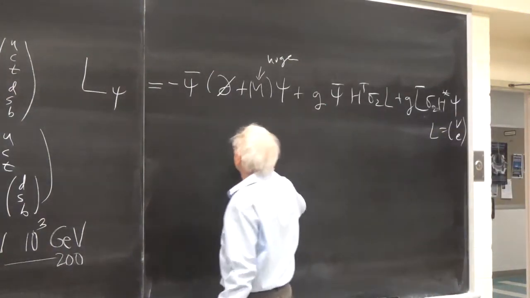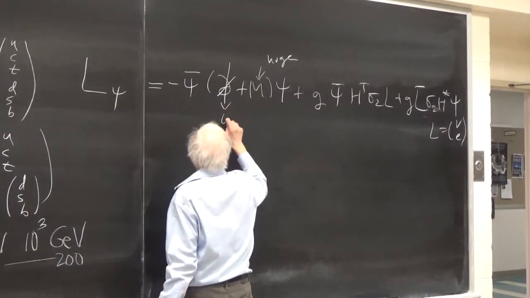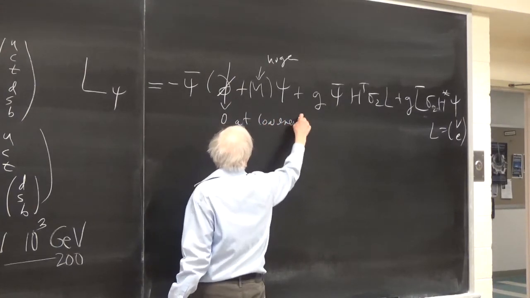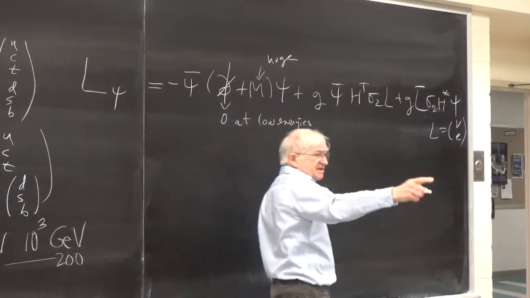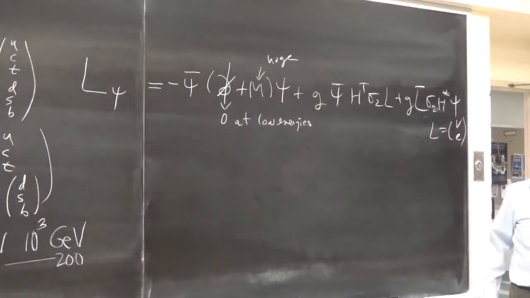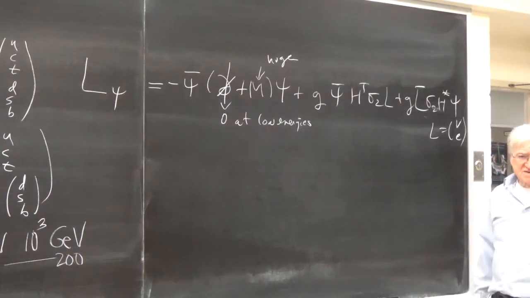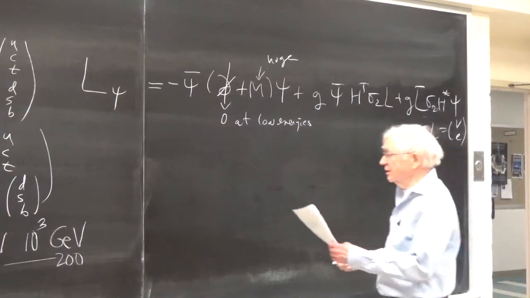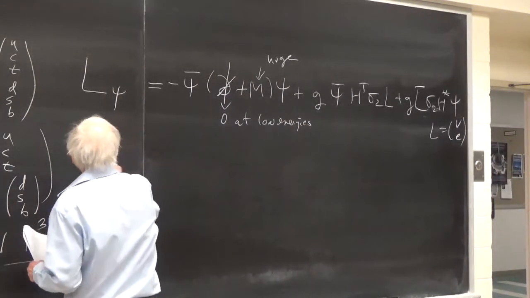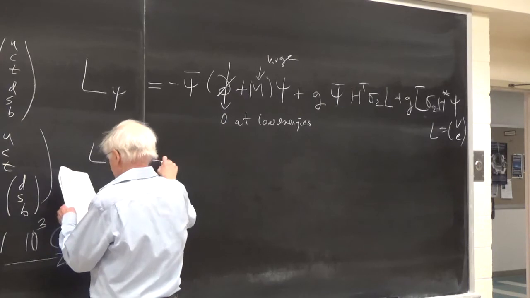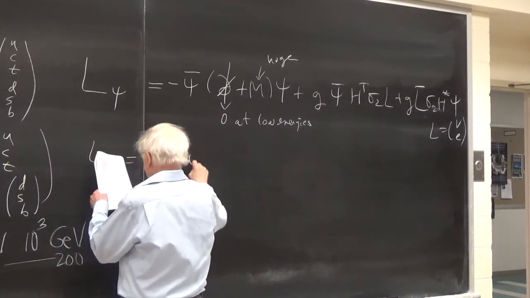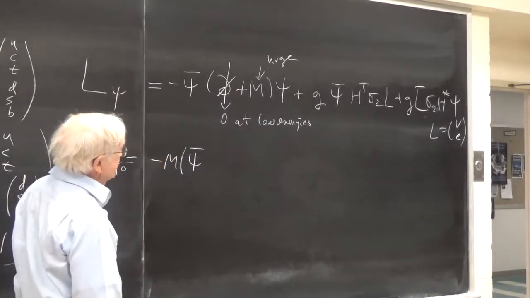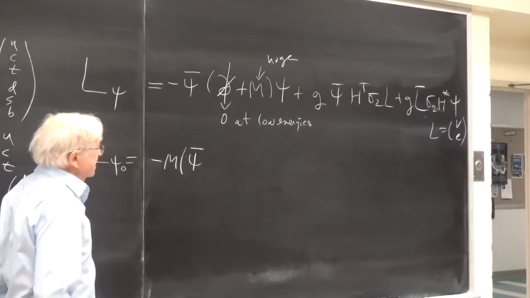Well, let's get rid of this field at low energies. We can neglect this, for the same reason that we neglect the propagator of the W when discussing beta decay at the MeV scale. So then L psi is zero, minus M. We can drop the derivatives and complete the square.